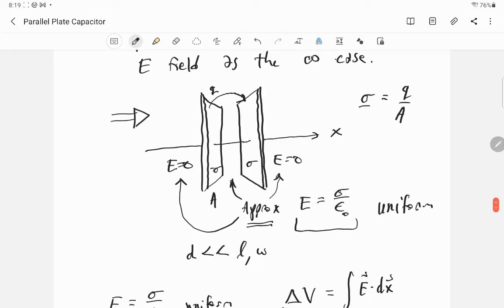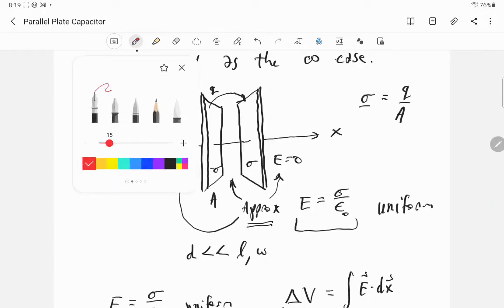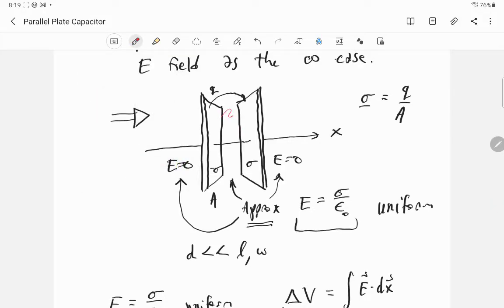So I'm going to put in what the electric field looks like in between. This is in red. That's the electric field. So the electric field points to the left in this particular case.